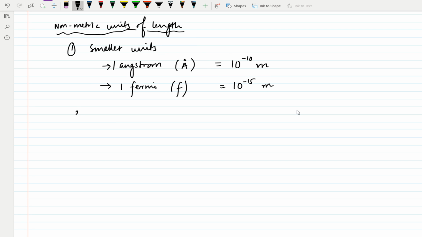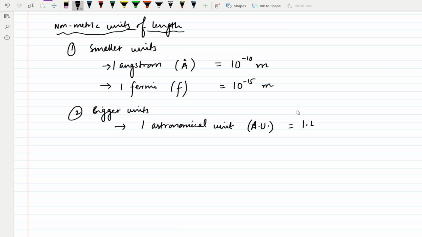Then you have the bigger units also. Of the bigger units you have astronomical unit. So 1 astronomical unit, denoted by AU, is equal to 1.496 into 10 to the power 11 meters.